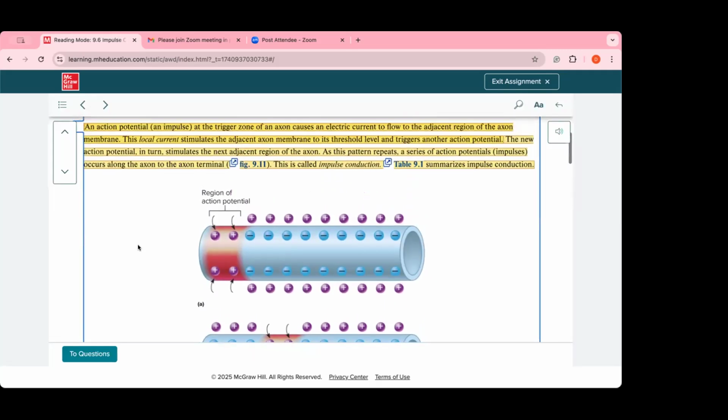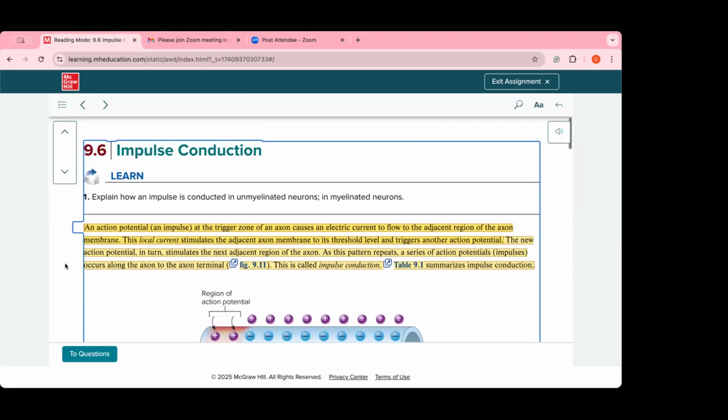Okay. So this local current stimulates the adjacent axon membrane to its threshold and triggers another action potential. The new action potential in turn stimulates the next adjacent region of the axon.